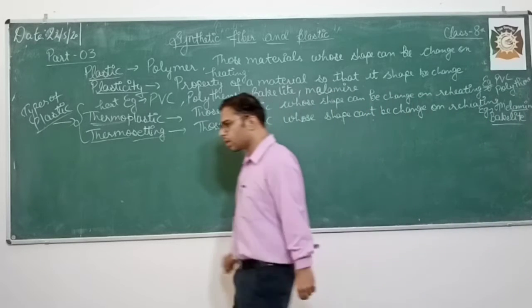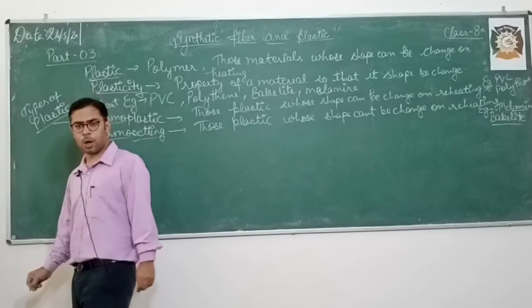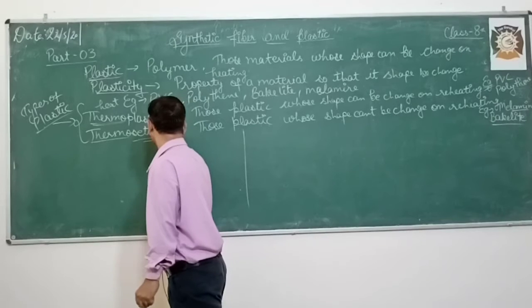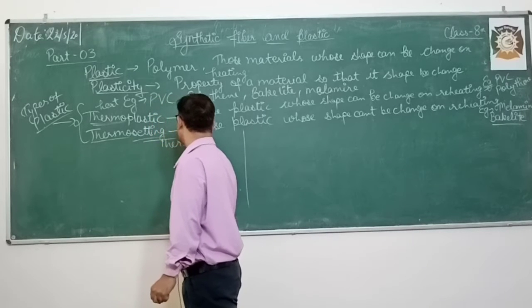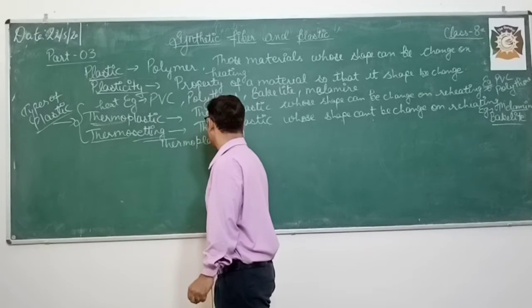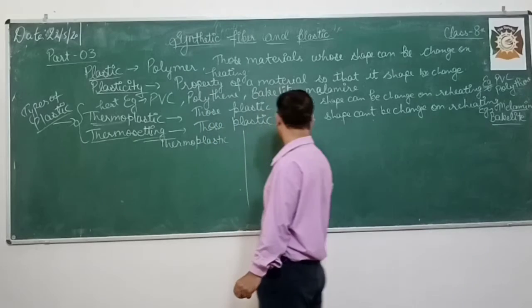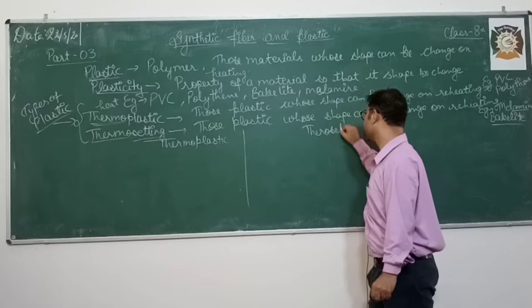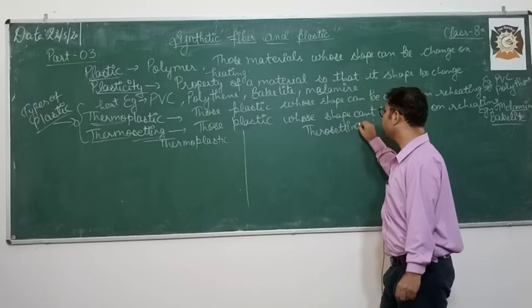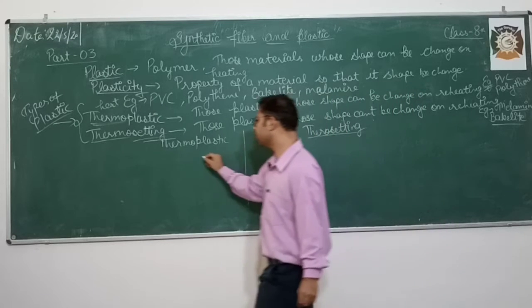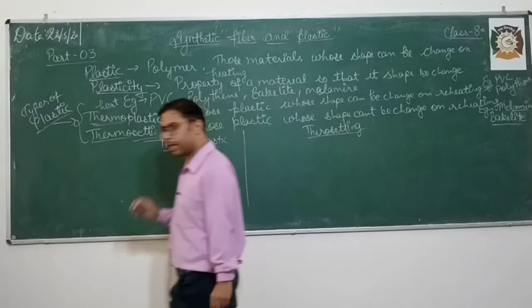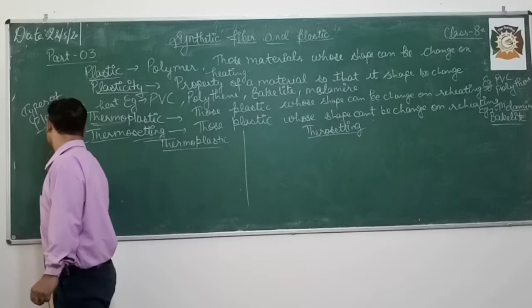Now after that we will study the difference between thermoplastic and thermosetting plastic. On this side thermoplastic, and on this side we have thermosetting plastic. I hope you are able to understand the difference between both of them. I try to make it as simple as possible for you.